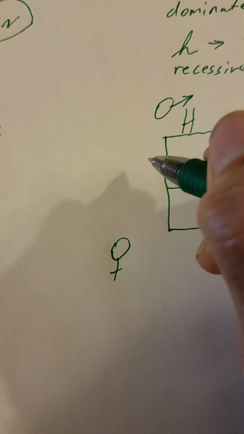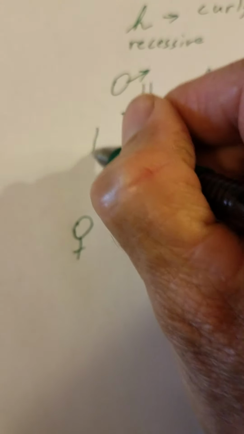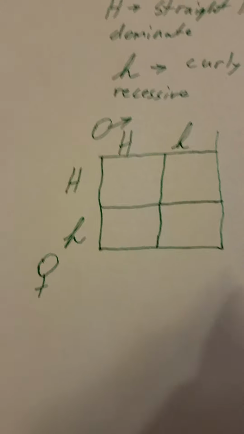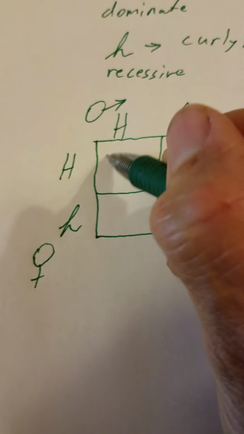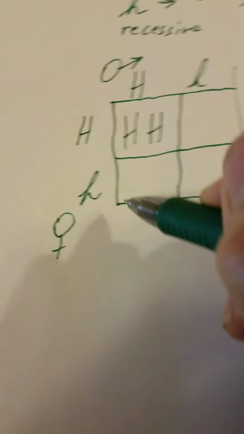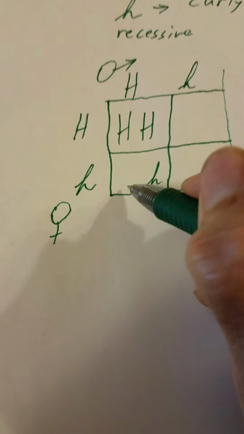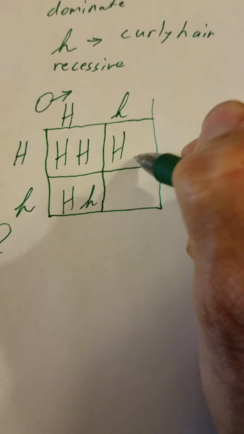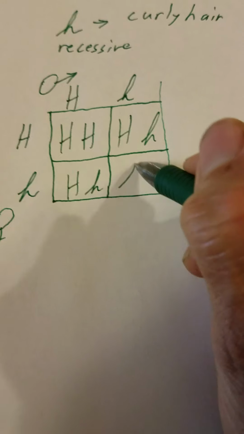Mom was heterozygous. So she had a big H and a little h. And then we just work the square. You move one over, move one down. Move one over, move one down. Move this one over, move this one down. Move this one over, move that one down.